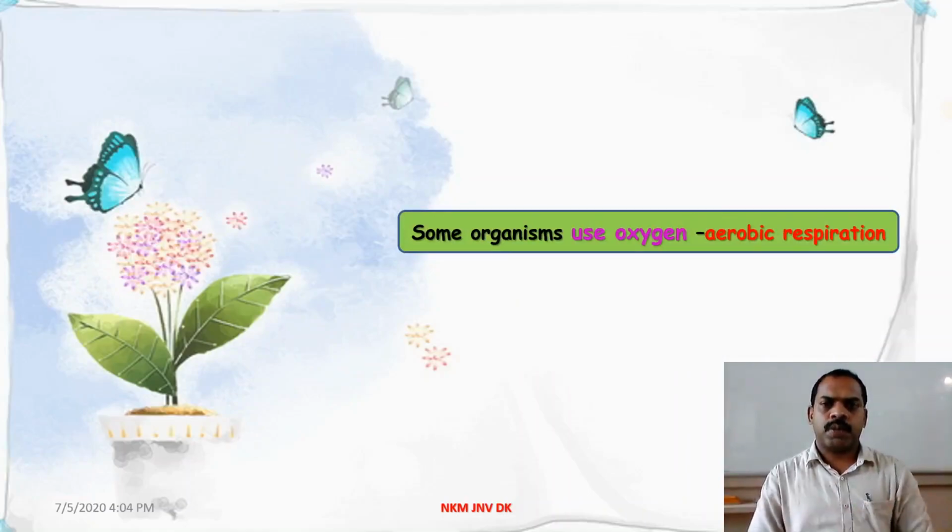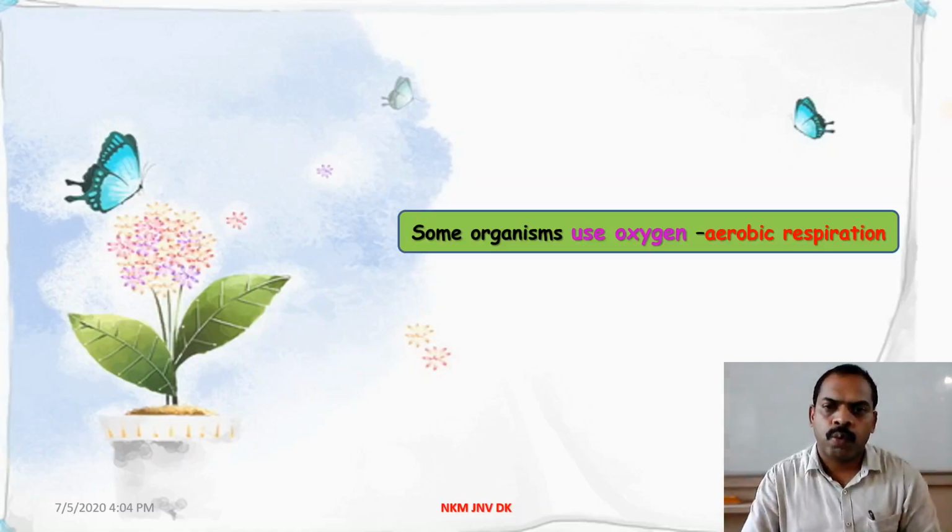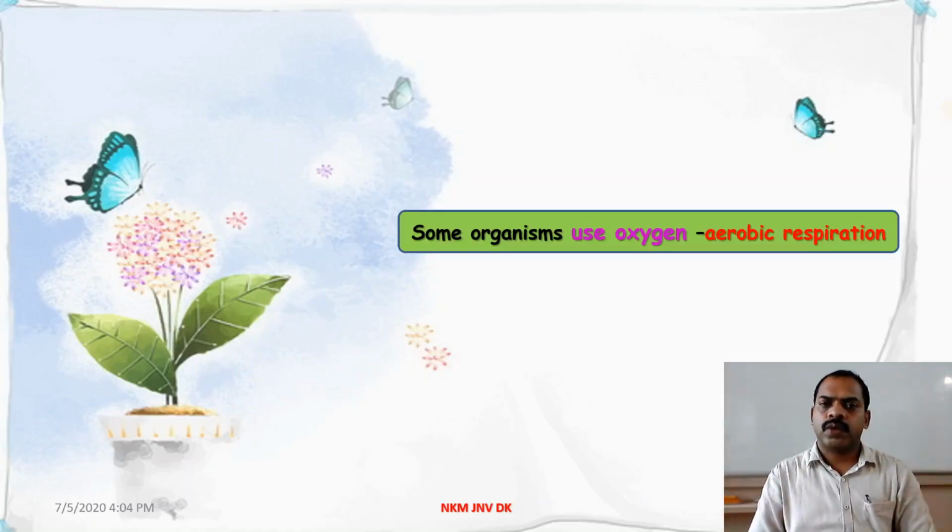Here there are basically two types of respiration. Some organisms use oxygen to break down the substrate to release energy. That is called aerobic respiration, and such organisms are called aerobic organisms.